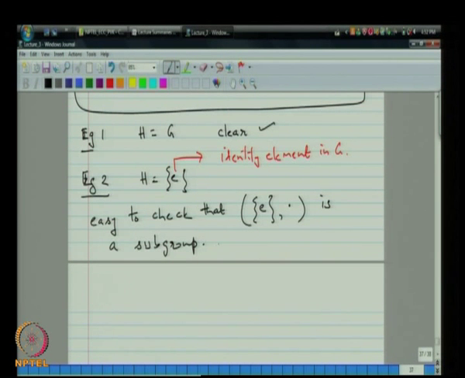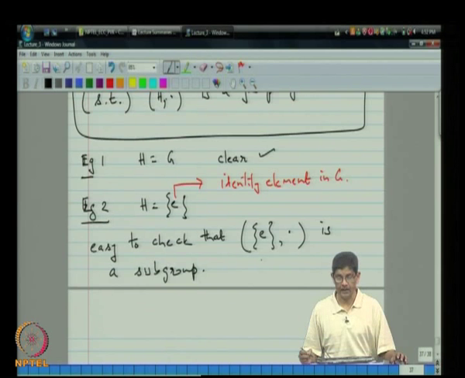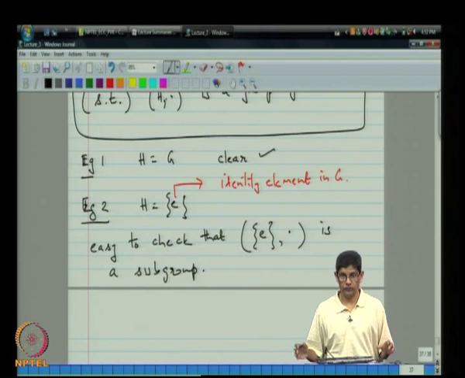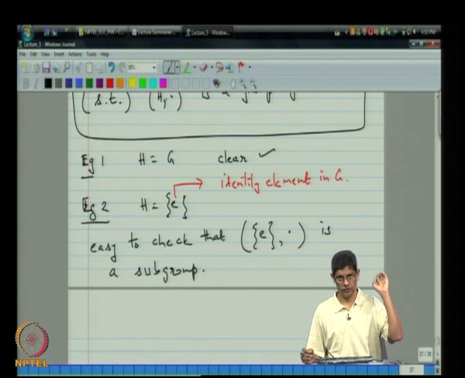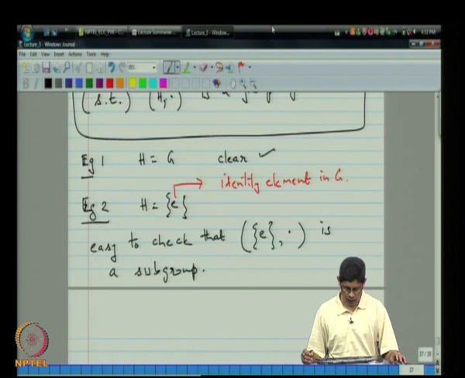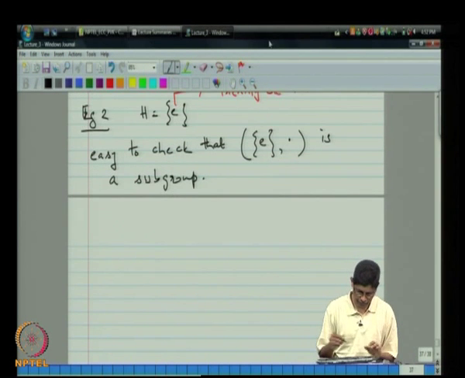These two examples, the two extreme cases when the subset H of G is all of the group and when H consists of just a single element, are called trivial examples.